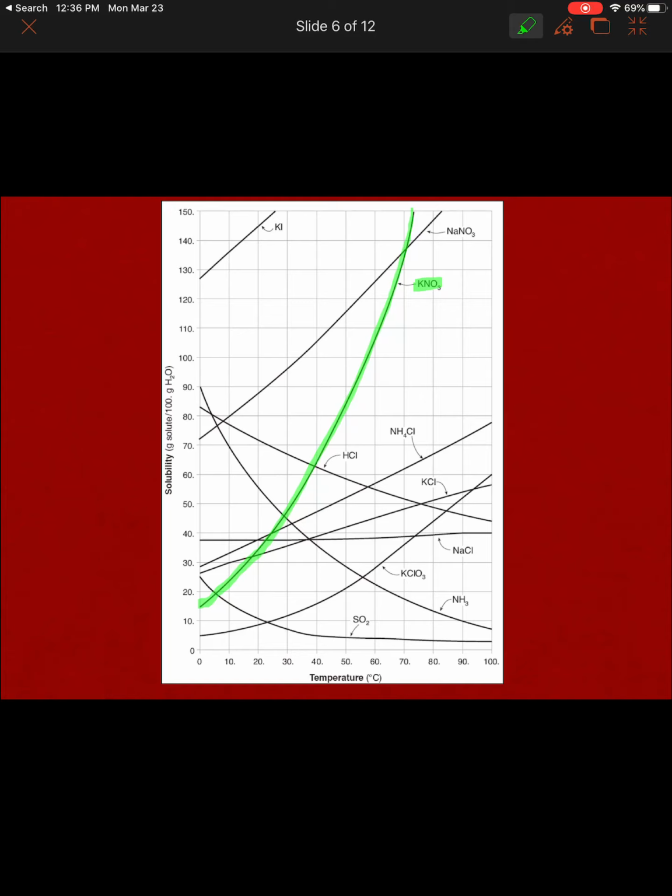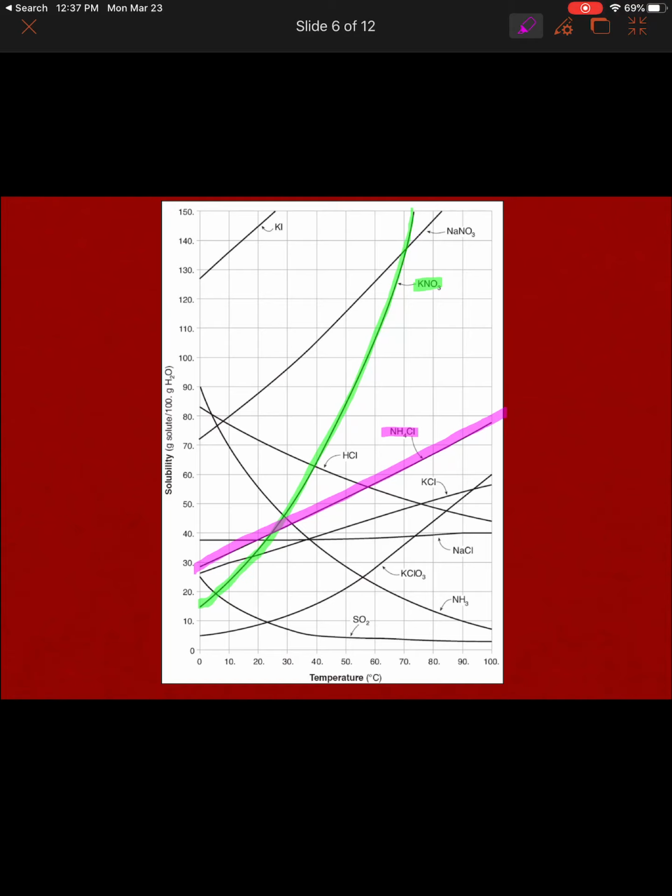So that curve, and only that curve, is the solubility curve for KNO3. Now, if we look at, let's say, NH4Cl, this is the curve for NH4Cl. So each compound has their own curve, and it's going to be important that you can kind of focus on only one line at a time.